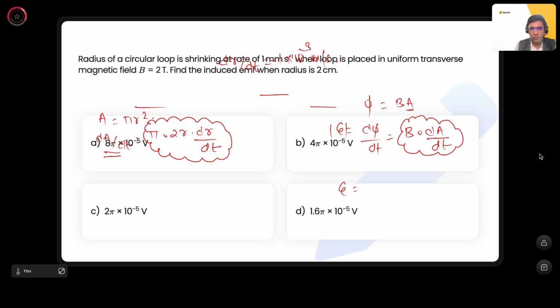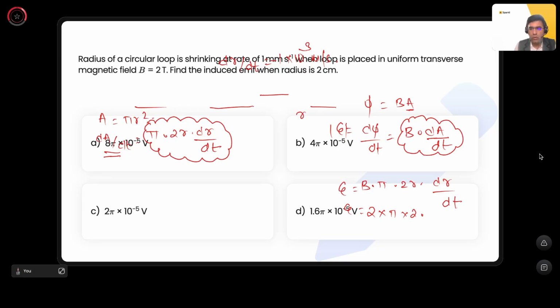So EMF induced will become B into dA by dt, area will be pi into 2r into dr upon dt. All right. Now put the values. So it will become magnetic field is 2 Tesla into pi into 2. Radius is 2 centimeter. We have to find the induced EMF when r is 2 centimeter.